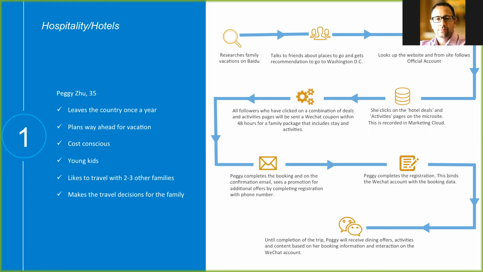So the next message that's going to be coming to Peggy from the WeChat account are going to be deals for coupons to book in DC that would fit her goals, right? So we've got very specific information that we found because of what she clicked on. So we can deliver a very relevant piece of data without ever having to have a person do this, right?